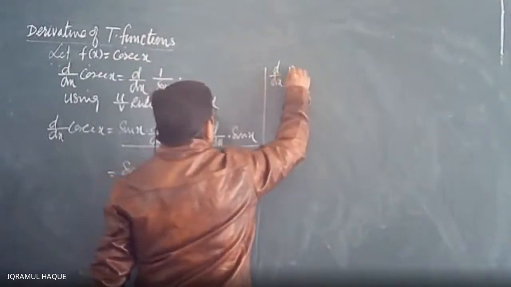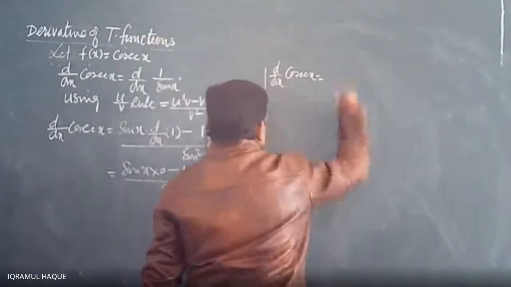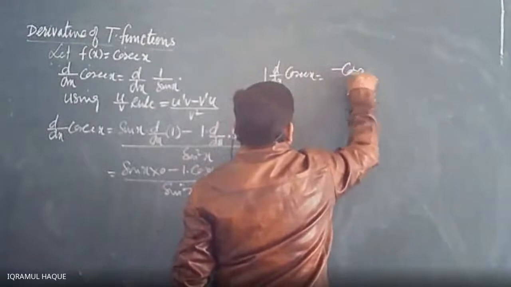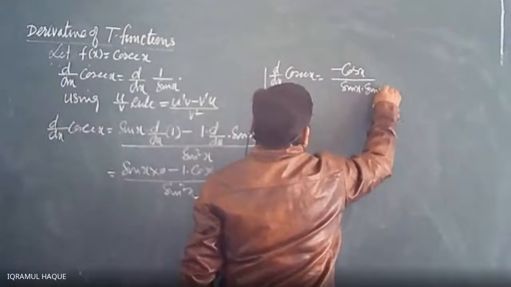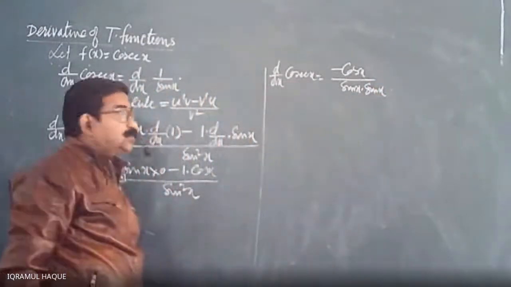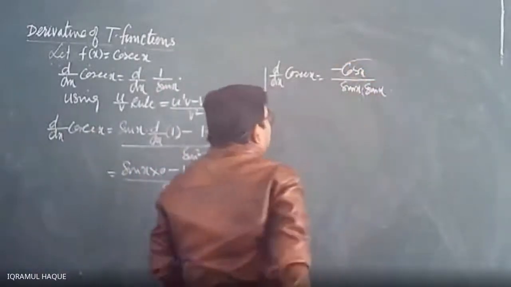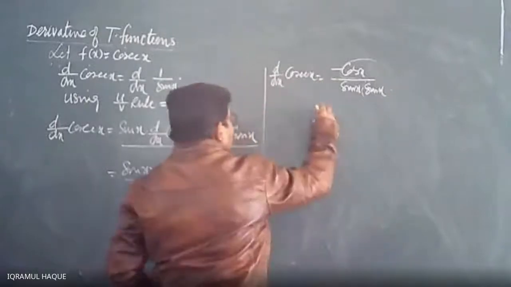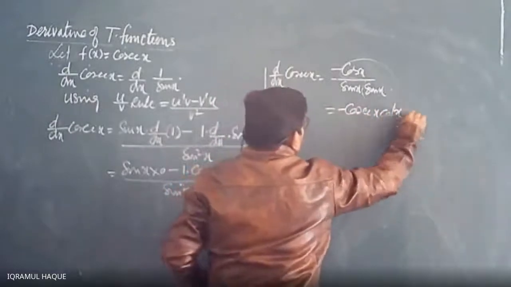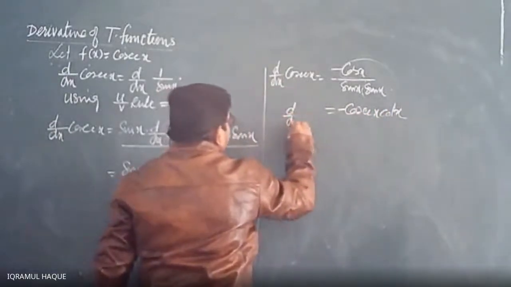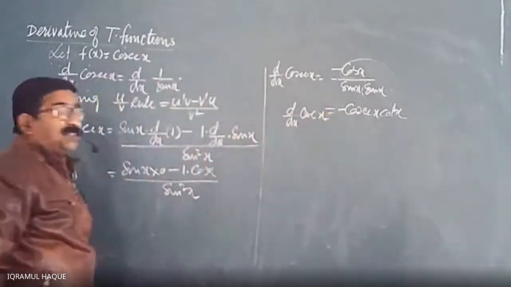This can be written as, see, d of dx of cosec x is equal to minus cos x upon sin x into sin x. We can write 2 times. And cos x upon sin x is cot x, and 1 upon sin x is cosec x. So we have minus cosec x cot x, means d of dx of cosec x is equal to minus cosec x cot x.